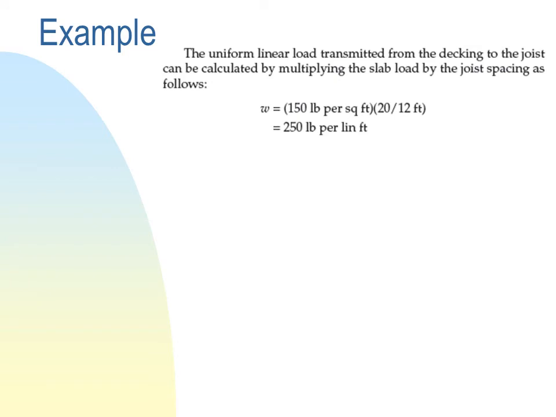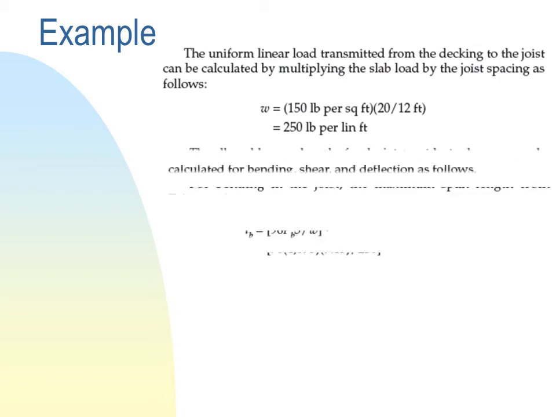Then you'll get the load, which is the pressure multiplied by 20 over 12, which is the spacing in feet. So now you have the load in terms of pounds per linear foot.